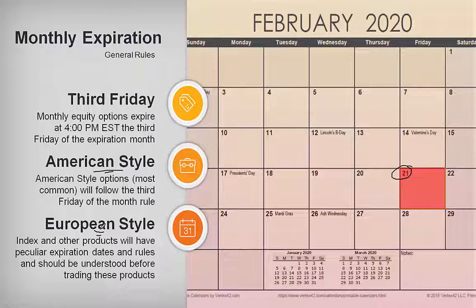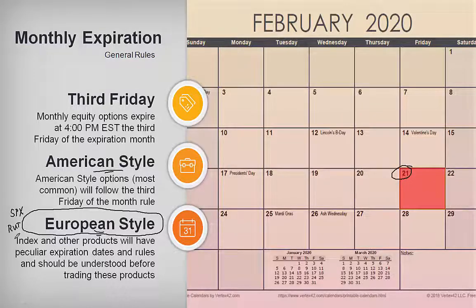Now, these European style, you're really only going to find that in certain assets, like the index options. So if you ever trade SPX index options or RUT, the Russell 2000 index options, and so on, those index options are European style settle.